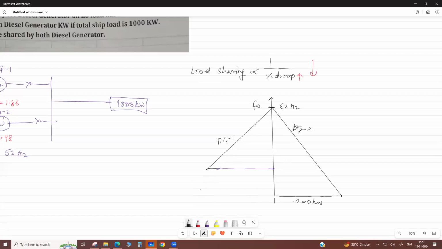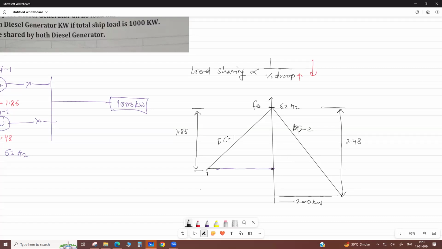Tell me. Because this height is only 1.86 hertz, but what is this height, from here to here, this drop? This is 2.48 hertz. Correct, no?